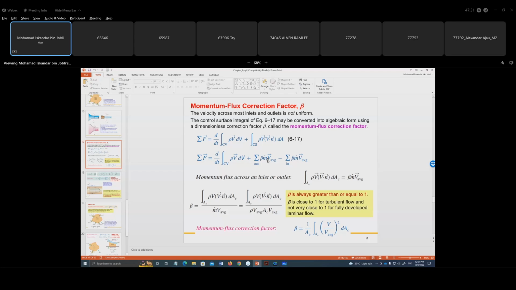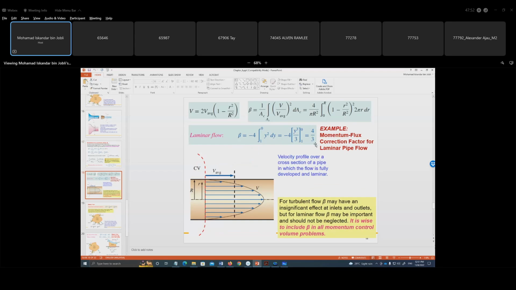This is how you calculate the beta, given by this equation. But most of the time we will give you this beta value. Just so you know, this is the equation of specific concern in our calculation.